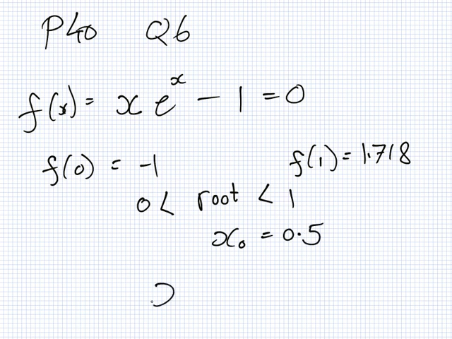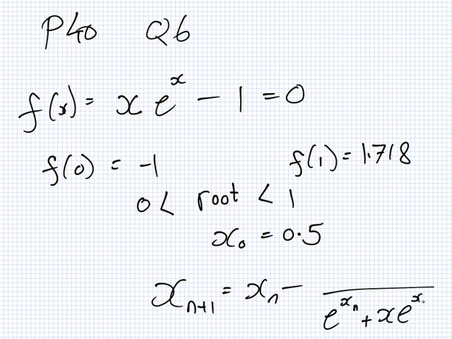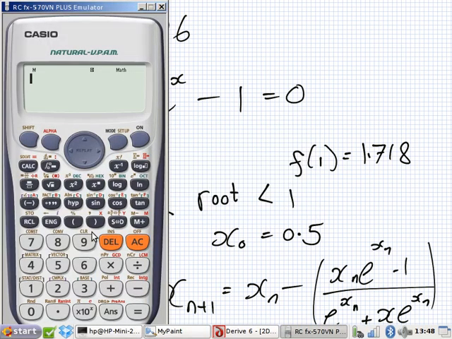And Newton-Raphson says the next value will be this minus, now on the bottom is the derivative, which is a product rule. So that'll be e to the xn plus xn e to the xn, and on the top is xn e to the xn minus 1. So let's see what the calculator tells me is going to happen here.